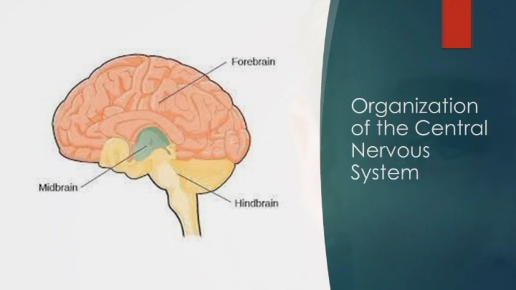And these pathways carry information about touch and temperature and pain and proprioception, which is the sense of our body position, as well as much more information. And this information is processed and integrated and contributes to our perception of the environment.